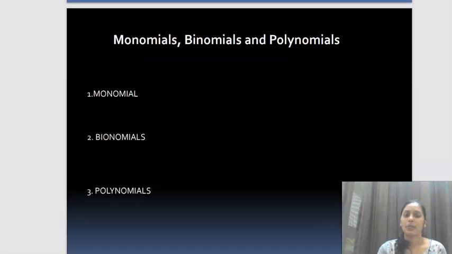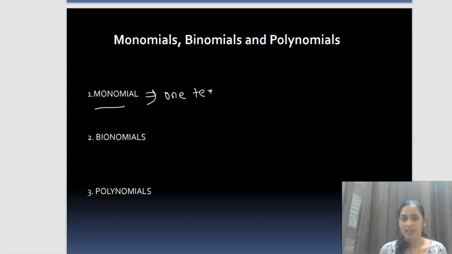Now let us come to monomial, binomial and polynomial. Mono means single, so an algebraic expression that contains only one term is called a monomial. For example 4x square, 2x or 5. These are examples of monomials.